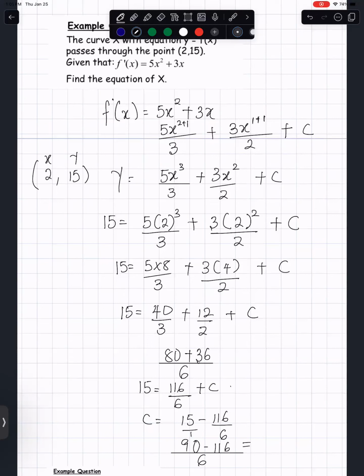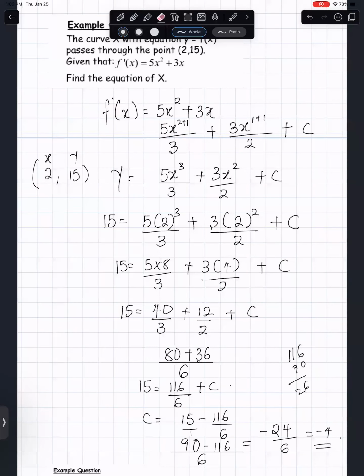So 116 minus 90 will give us 26 over 6. Sorry, this is 26, not 24, so I have minus 26 over 6.